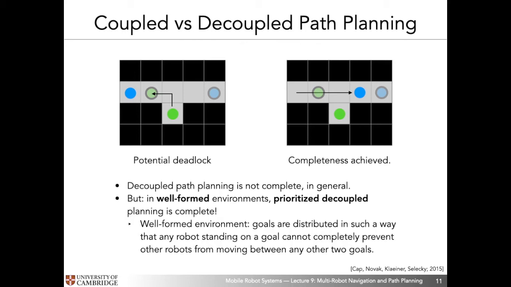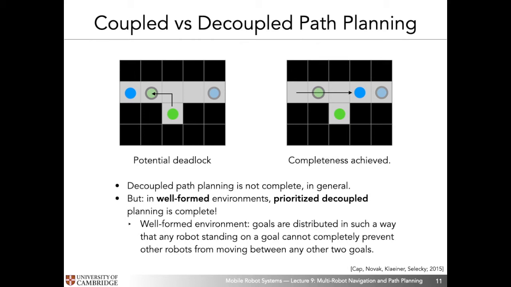So there is a way of designing your workspaces such that robots or robot systems can achieve completeness. We generally refer to these kinds of environments as well-formed environments. And the solution by which we then plan the paths for the various robots in a decoupled manner is prioritization.